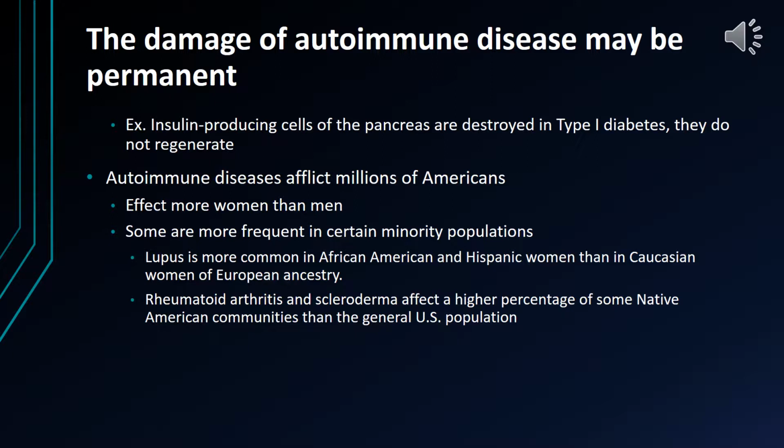And some autoimmune diseases are frequent in certain minority populations. For example, lupus is more common in African American and Hispanic women than it is in Caucasian women of European ancestry for whatever reason. It's just the difference in genetics, essentially.